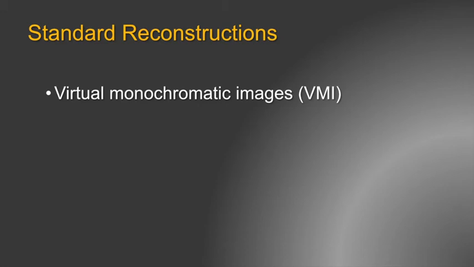VMIs essentially represent reconstructions that are generated using sophisticated computerized algorithms using the low and high energy data acquired with DECT. These simulate what a scan would look like at a given predicted or prescribed energy as if it was acquired with a monochromatic beam at that energy.